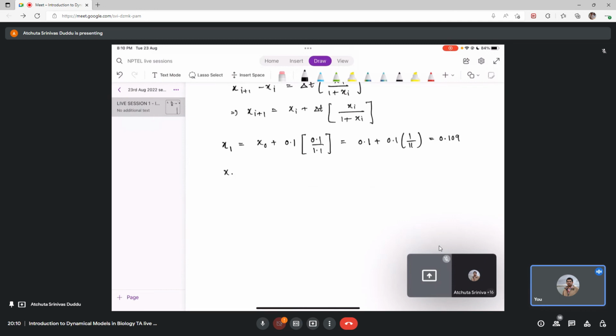Then similarly, x2 would be x1 plus 0.1 into 0.109 by 1.109, so you would get something around 0.118. And x3, which is equal to x at t equal to 0.3 since our time steps are 0.1, would be x2 plus 0.1 times x2 by 1 plus x2, so that would be around 0.128.